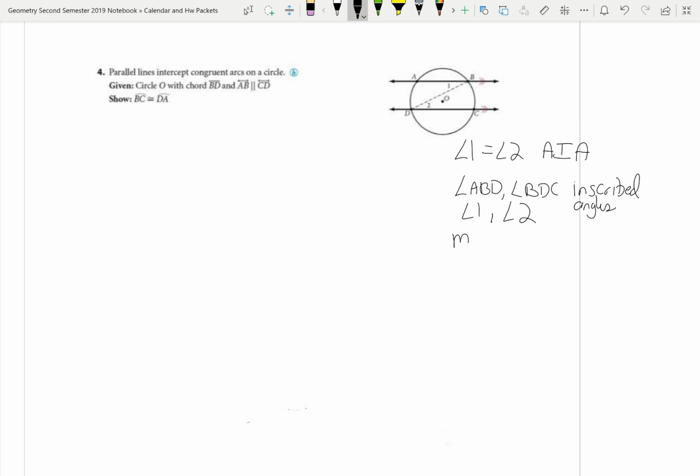So they're inscribed angles. That's going to make the measure of angle 1 equal to 1/2 the measure of arc AD because of the inscribed angles conjecture. And then the measure of angle 2 will equal 1/2 the measure of arc BC because of the inscribed angles conjecture.